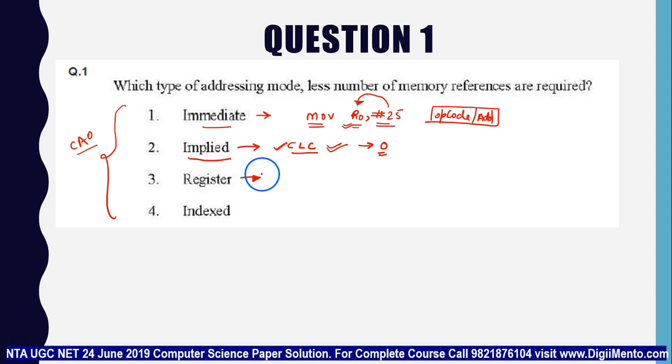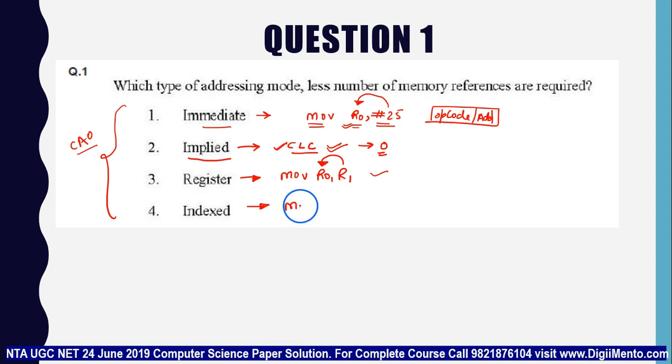Apart from this, we also have register instructions, or register addressing mode. For example, if you have an instruction like MOV R0, R1, that means you want to move the data present in register R1 onto register R0. Again, register addressing modes are of various types. For example, you have register indexed addressing mode, and you can also have auto-indexed addressing mode and so on. Apart from this, you have indexed addressing mode, where the exact address is not given. You have to perform some computation to find out the address.